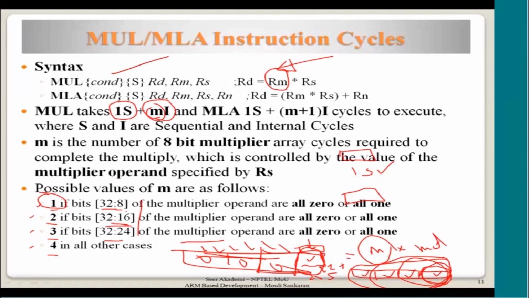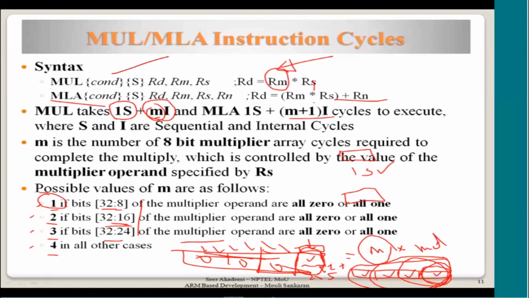Apart from multiplication in the MLA instruction, one addition is there, which also depends on this value, on how much significance it has, whether it is only one 8-bit addition or not, because for every multiplication an addition is also done, so that will go through the same thing.